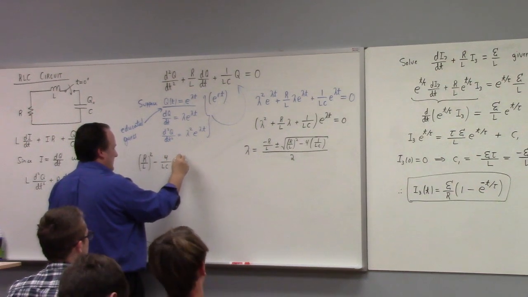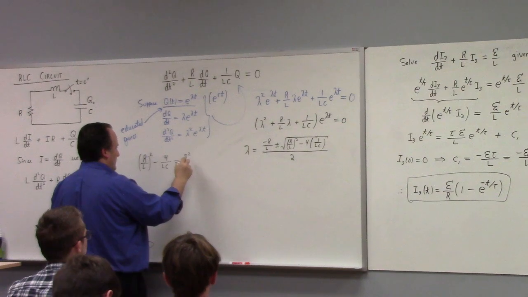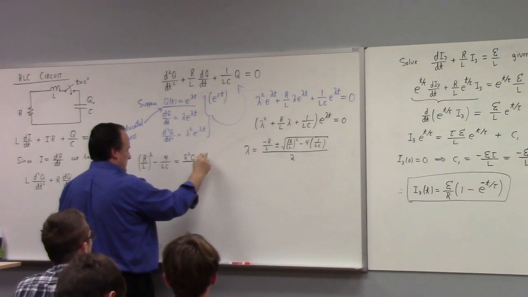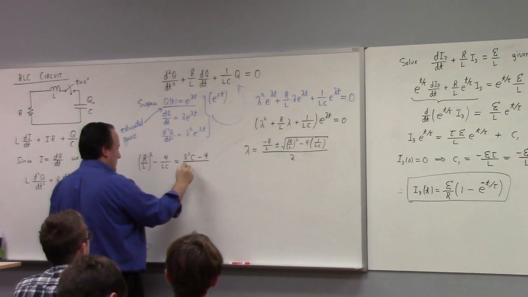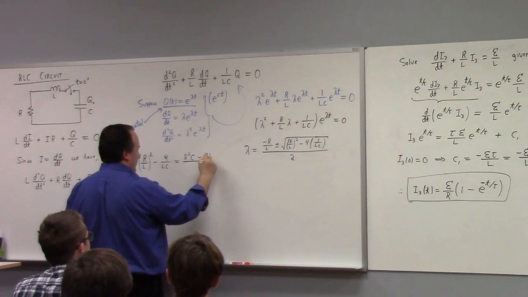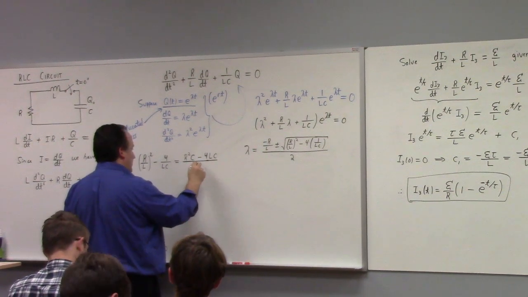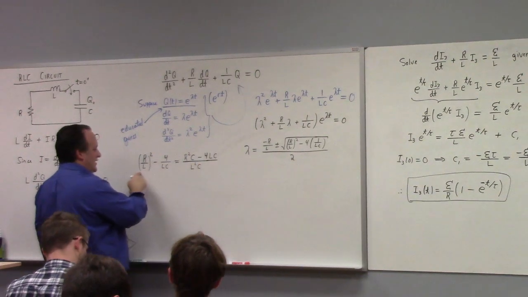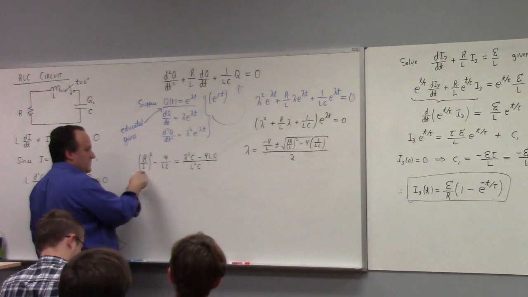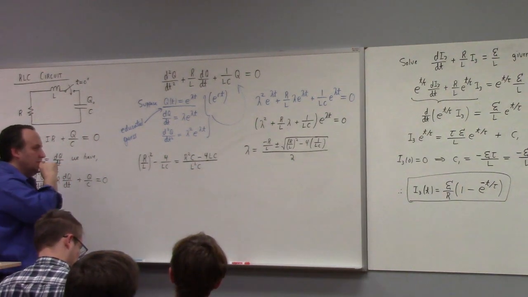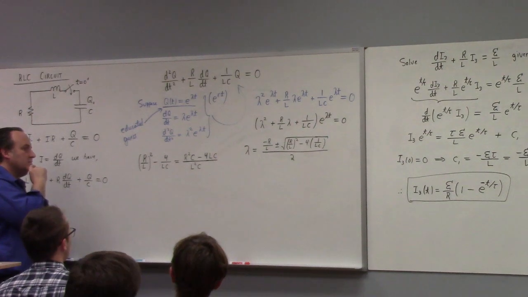This is actually R squared times C minus 4L, over L squared C. It should just be 4L on the right, not 4LC, giving an LC on the denominator of that one.